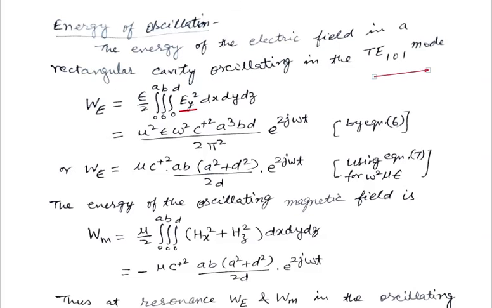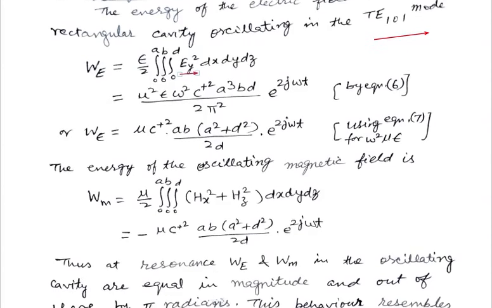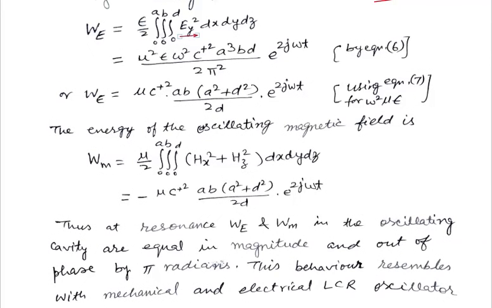Substituting the value of field component Ey from equation 6, and the value of omega square mu epsilon from equation number 7, the energy of the oscillator is given by We equal to mu C plus square AB into (a square plus d square) upon 2d e raised to the power 2jωt. Similarly, the oscillating energy stored in the form of magnetic field is given by Wm equal to mu upon 2 times the volume integration of (Hx square plus Hz square) dx dy dz.